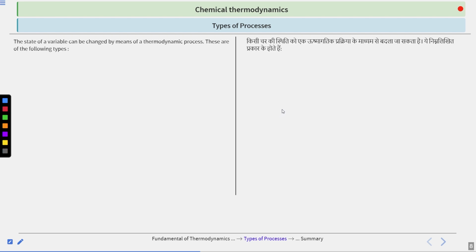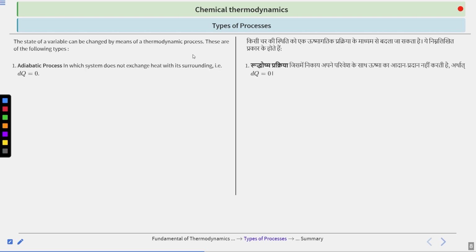The state of a variable can be changed by means of a thermodynamic process. So there are various types of processes. Since path functions are dependent upon the path, if you do the work through various processes, you will get different values. Now the process can be of various types, starting from the adiabatic process.